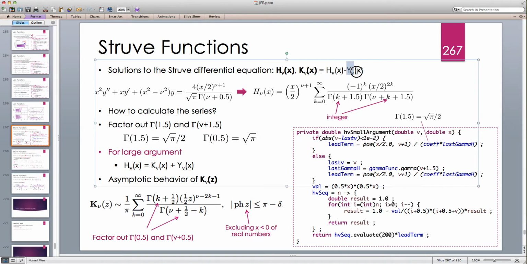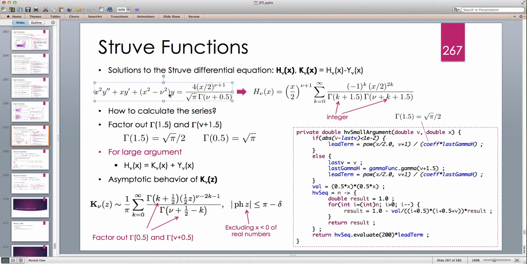Not surprisingly, this Bessel function of the second kind appears, and again, because this is a wave equation, we expect the behavior of H nu and K nu to be oscillatory, right? We saw that for the Bessel functions J nu and Y nu, and here obviously Y nu appears in K nu, so we see that oscillatory behavior should be there, right?